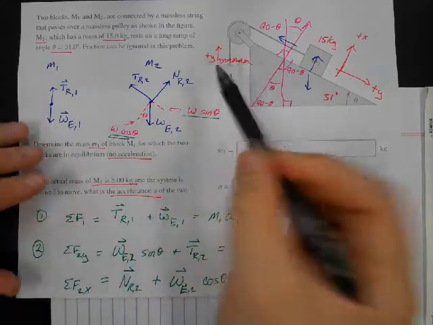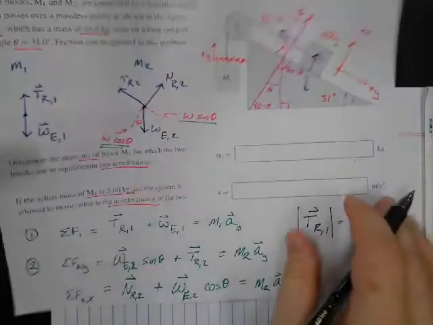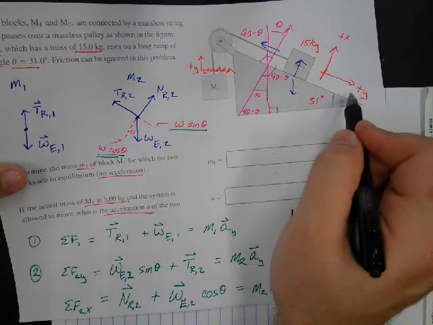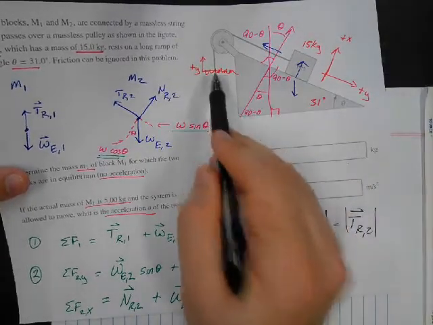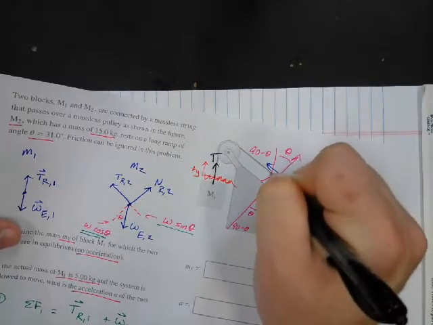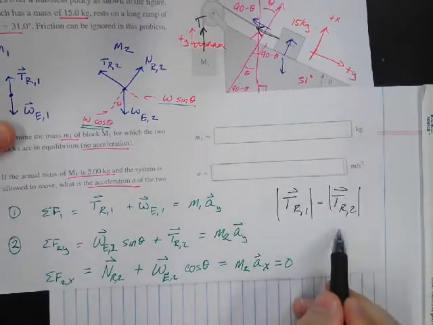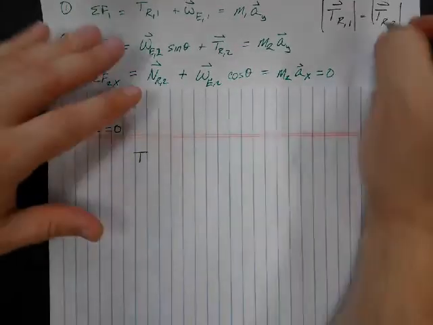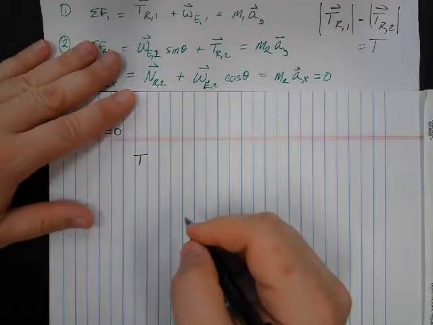They're obviously pointing in different directions, though in our coordinate system they're in exactly the opposite direction. But the size of it is the same, so we can say that statement. So we're just going to call that the tension.